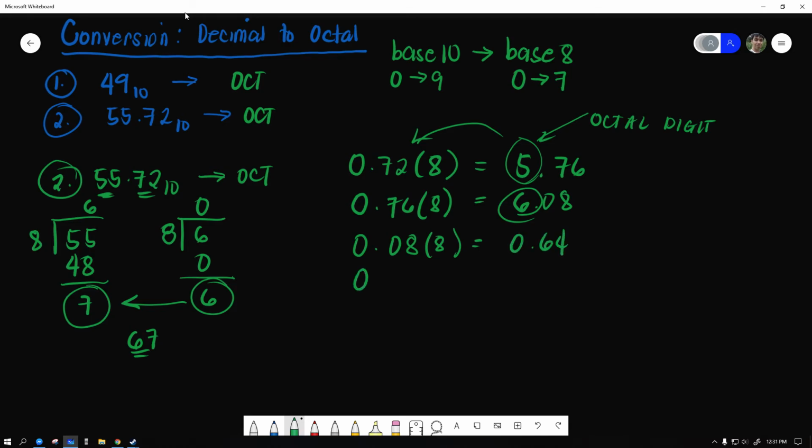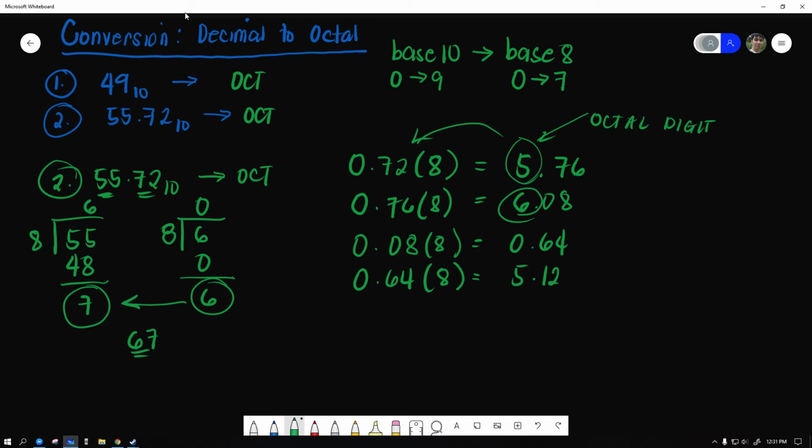And then the fraction part, 0.64 times 8 is 5.12. So this will not become 0, but will be composed of so many digits.